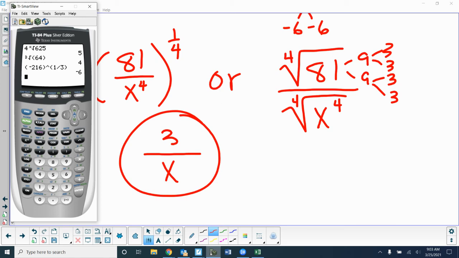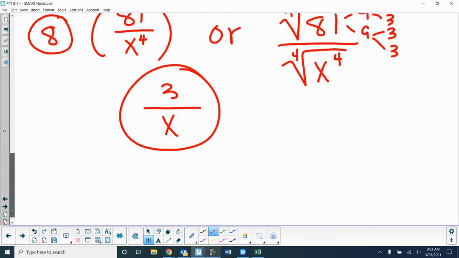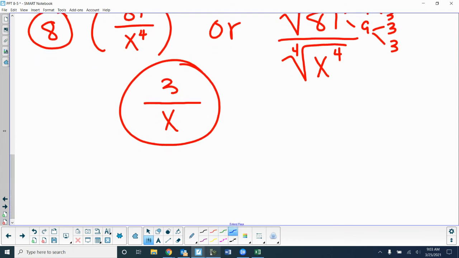So just put 81, caret, and then 1, 4 to get your 3 for that part of it. Okay? That one make more sense now? So if we just write 3 over x, that's correct, yeah. No, there's no equal sign, so we don't have to solve for x.